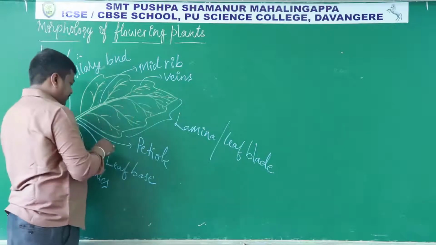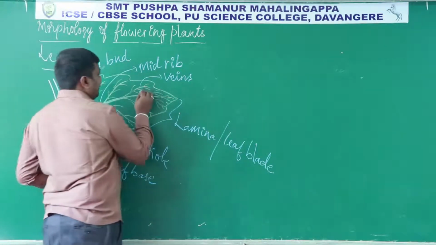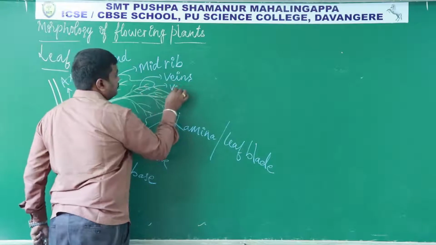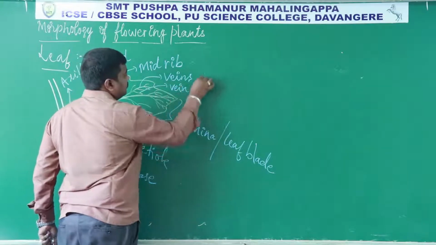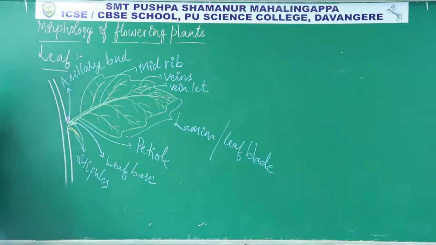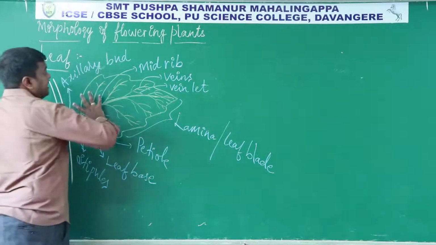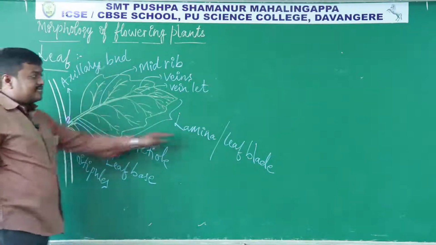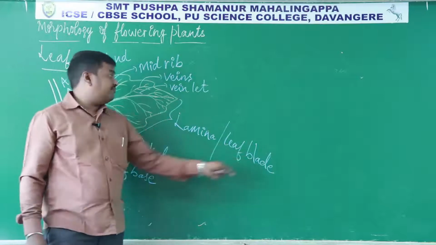So this is a vein, and this is a veinlet. This entire green part is called the lamina or leaf blade.